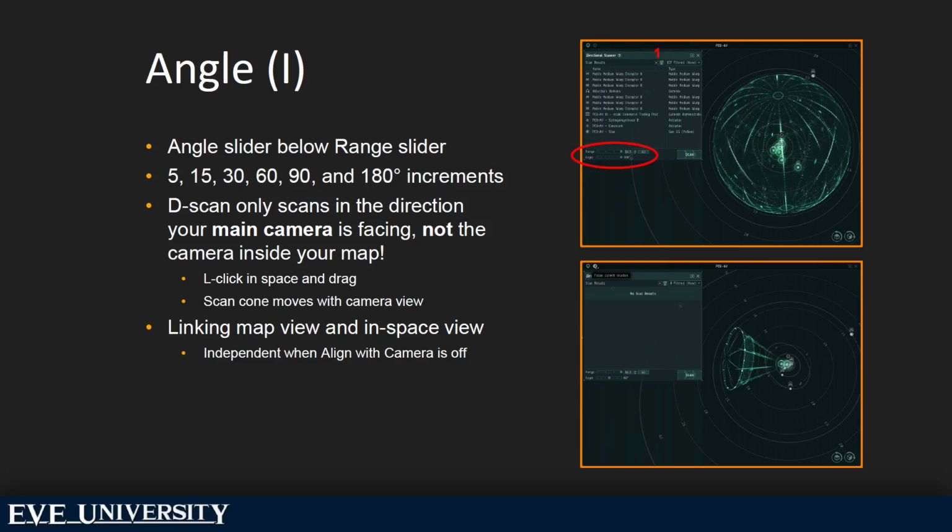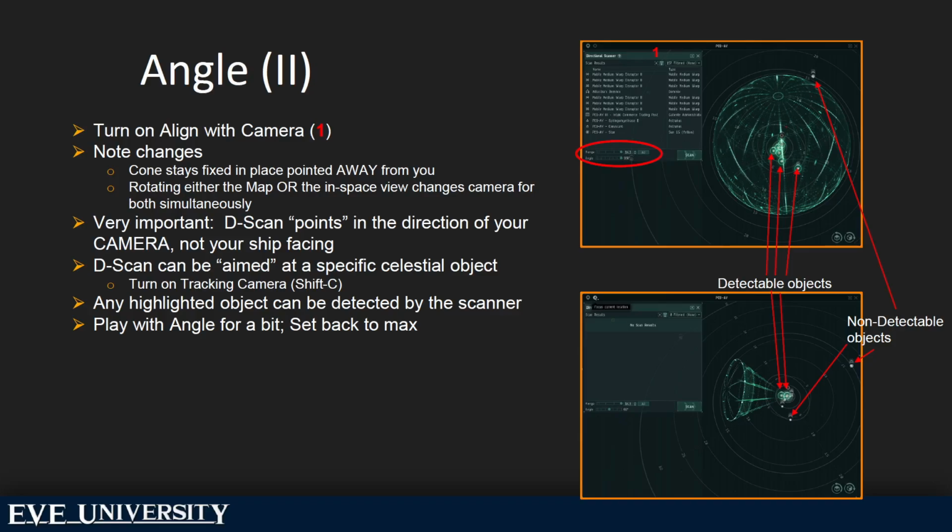The way to easily manipulate the camera is called the tracking camera. You can turn it on with hotkey Shift plus C. I will also show you this during the practical. And if you turn the tracking camera on, every time you click on an object on the overview, the camera will point towards this object.